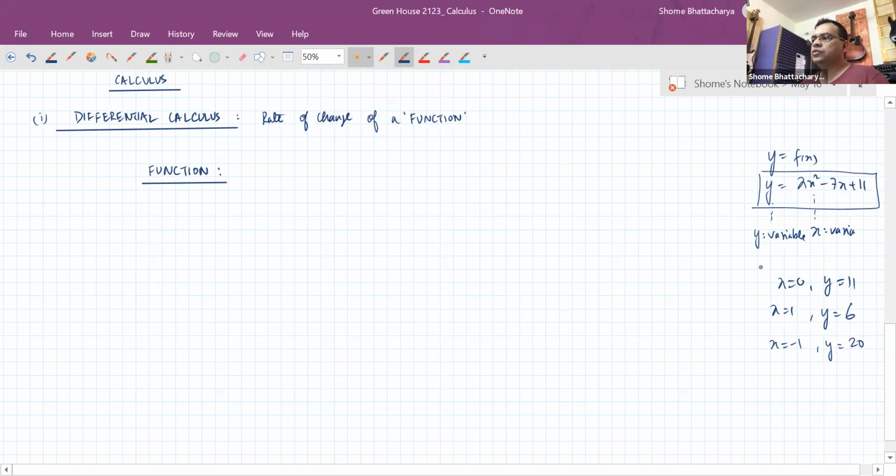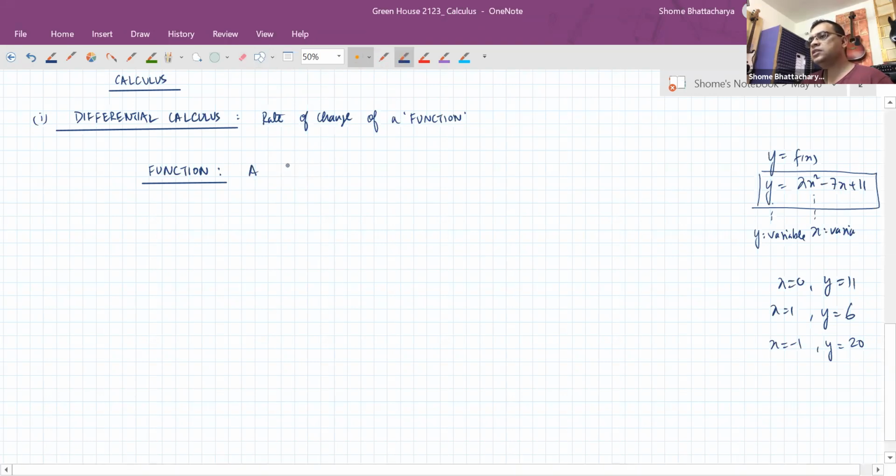Okay. So this is an example of a function. So what is a function? Now, one thing specific over here. So a function is a relationship, and that relationship, for example, can be given by a maths formula or a maths equation like we've given over here.